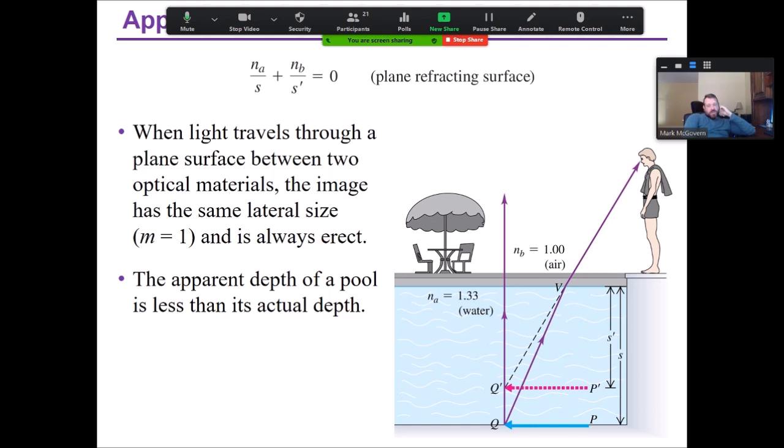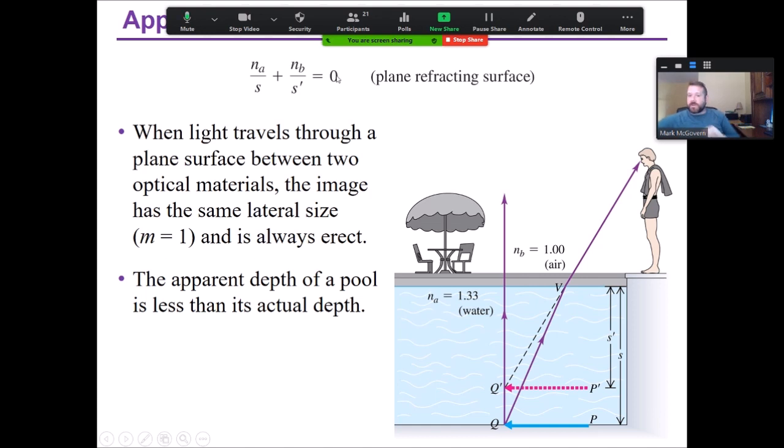All right, so we saw this previously. You could take that equation and approximate it for when you have a surface that is basically flat. That would mean that the radius of curvature of the refractive surface is effectively infinite, so the right side of that equation you just saw would come out to 0.